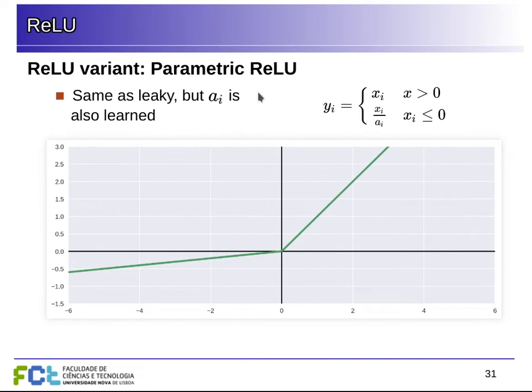Then there is a parametric rectified linear unit, which is similar to leaky, but this is actually an additional parameter that the neuron learns. So it's affected during training and it's optimized.